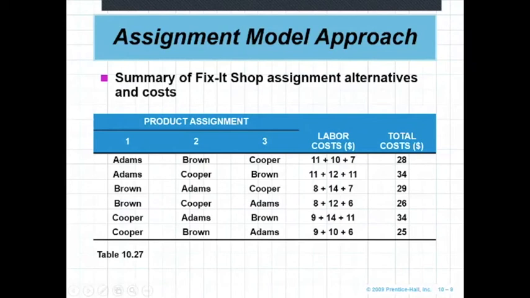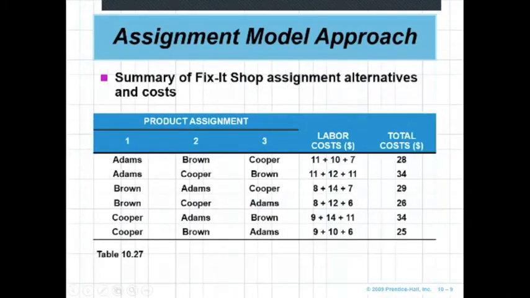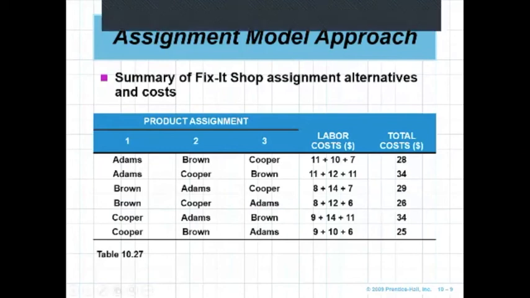Adam for 1, Brown, Cooper, and then switch Cooper and Brown and keep Adam in project 1, etc., until all the combinations are made. Then we calculate the labor cost for each combination.